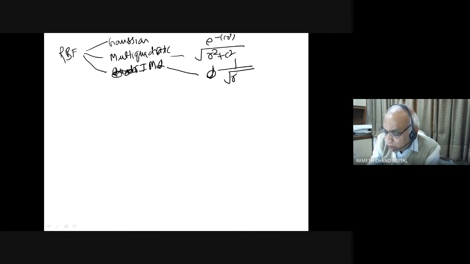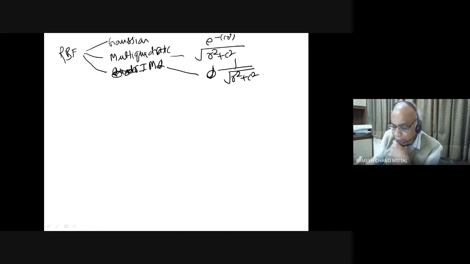Gaussian means e to the minus C r square. Multi-quadratic means, as I have already given to you, r square plus C square simply, and inverse multi-quadratic is 1 upon under root r square plus C square. That way.